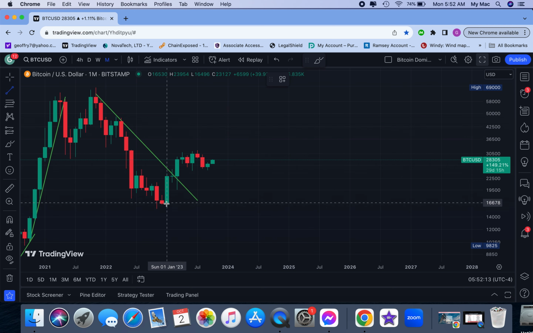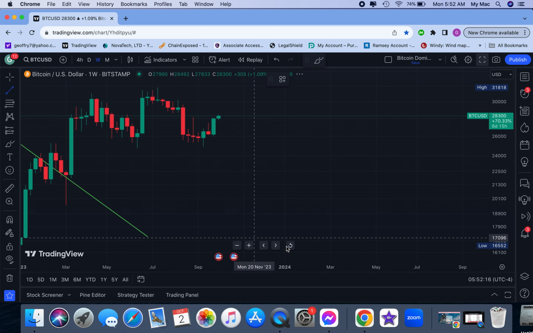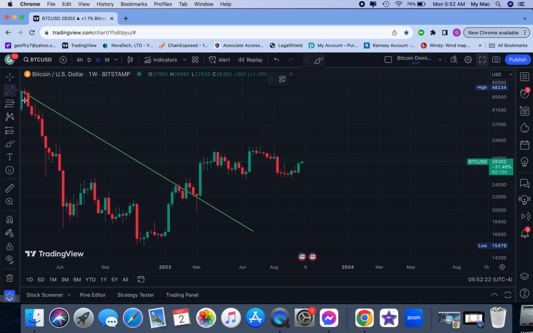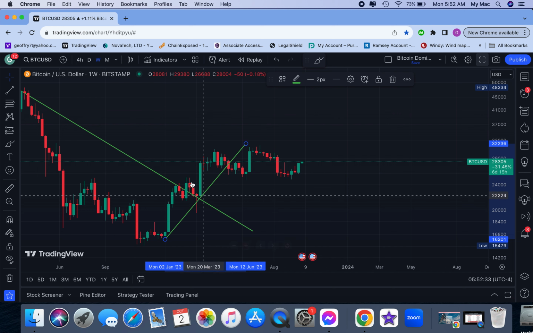So even on a smaller scale, if we zoom in currently to our chart on the weekly, you'll notice that at the beginning of this year, we had an uptrend going. We broke it. Now, we're just kind of going sideways.